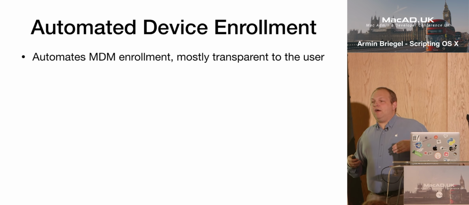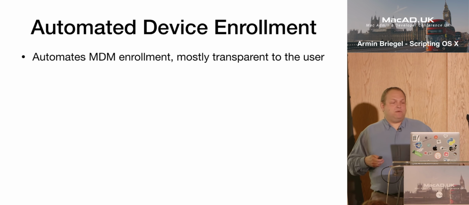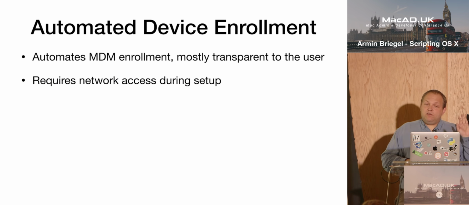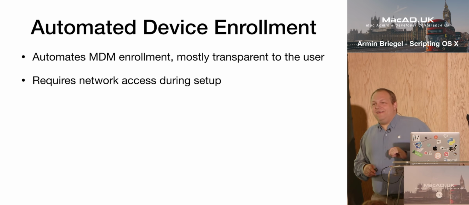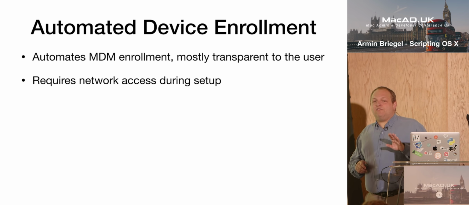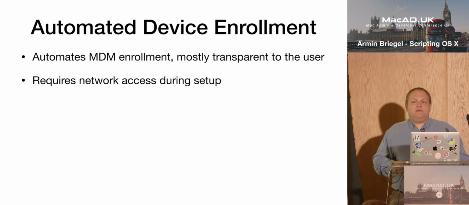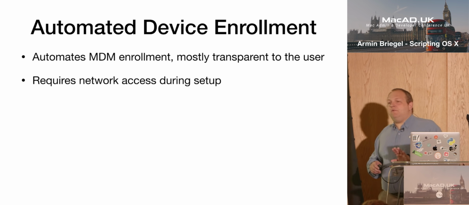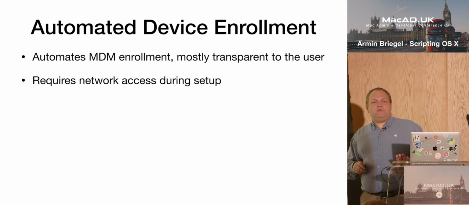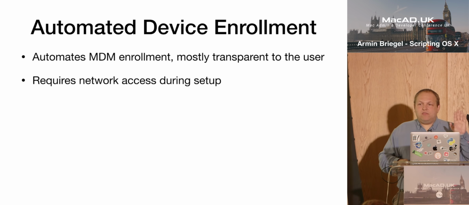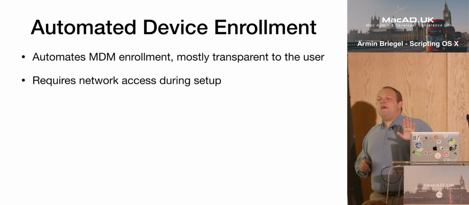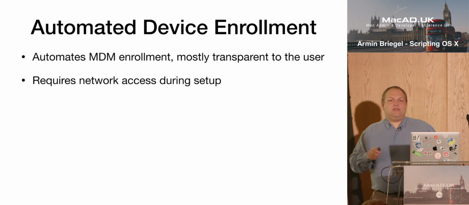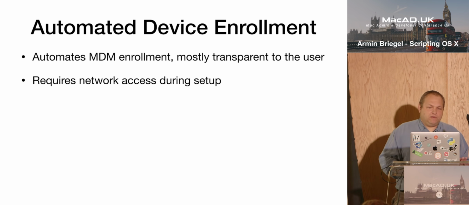Most users will not realize they're giving user approval when they click that button, which is a good thing. It requires network access during the first boot and startup, which we need to provide anyway because Mojave and the secure boot chip expects that. But it is something that you need to plan for, and the network access has to be open to Apple's 17 network and a few other servers that aren't documented.